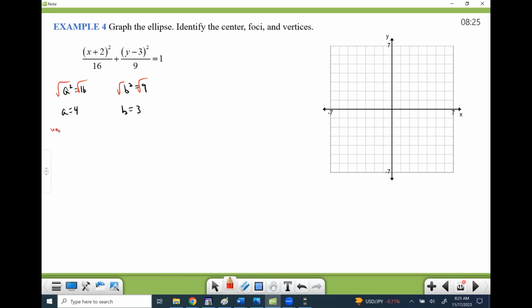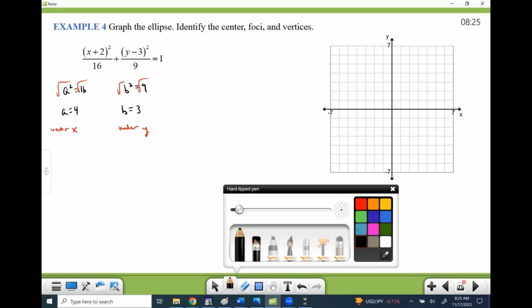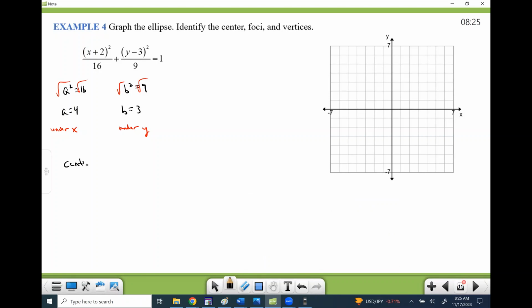So this is under x, and this one was underneath y. Now the center is a little bit more challenging this time because it's not just 0, 0. But remember, when we pull these things out of the parentheses, we got to change their signs. So it's going to be -2. All right, so I'm going to go to -2, 3. That's going to be the center this time.